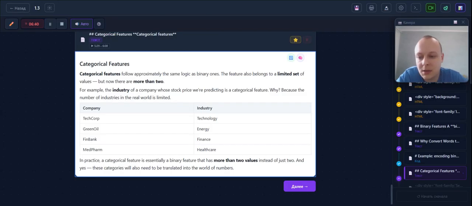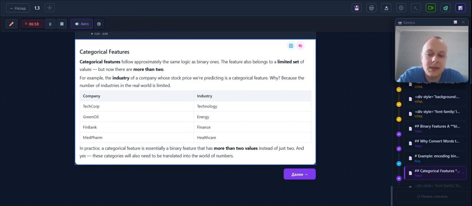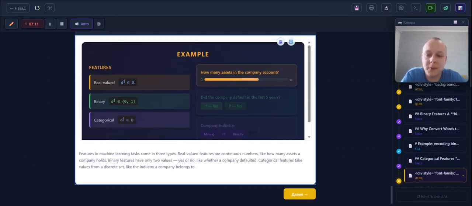Why? Because number of industries are limited. There is a list of companies and their industry column, and we see the different categories like technology, energy, finance, or healthcare. In practice, categorical features are binary features that have more than two values instead of just two. And yes, we also have to convert them into numbers when we work with them.